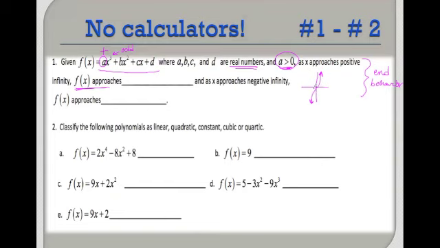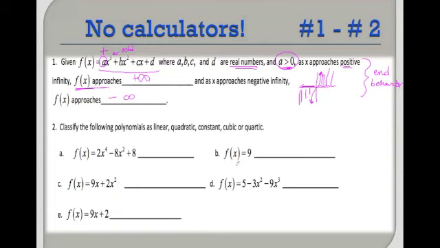As x approaches positive infinity, so as you're moving this way on the x-axis, the function is increasing, so I know it approaches positive infinity also. As x approaches negative infinity, so as you're moving to the left in the coordinate plane, the graph of the function is falling, so I know it's going to negative infinity.